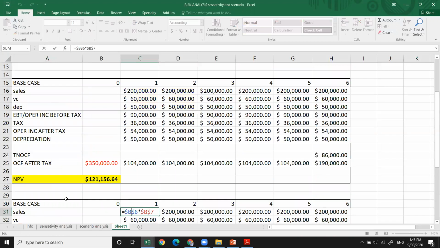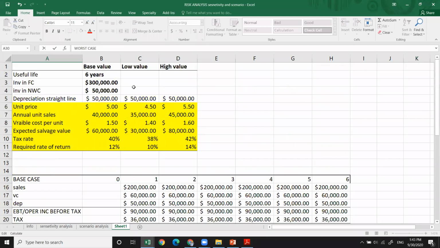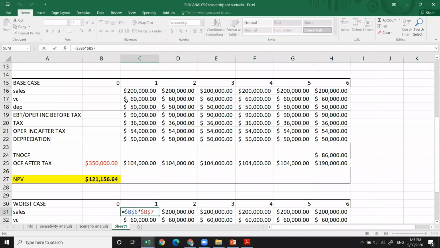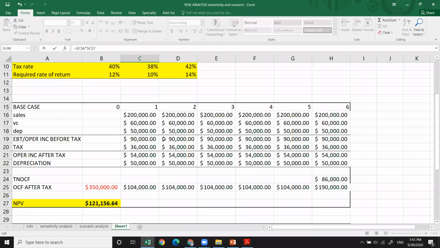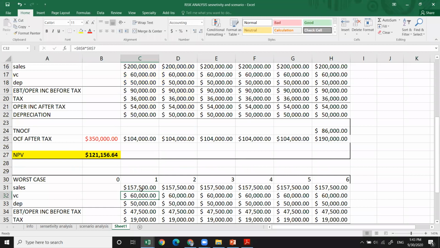Okay, now this will be the worst case. So that means I'm going to deal with the lower bound, with the lower values. So I will move just to the right, taking the lower bound. If my unit price goes down and annual unit sales go down as well, as you can see, everything changed.